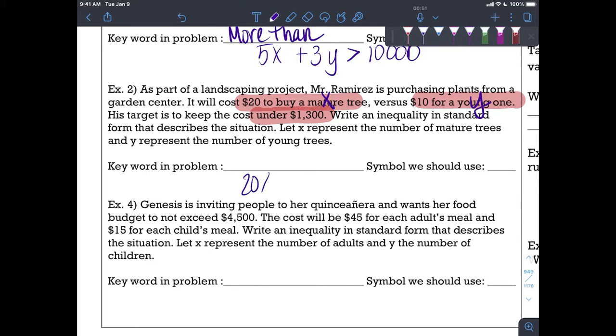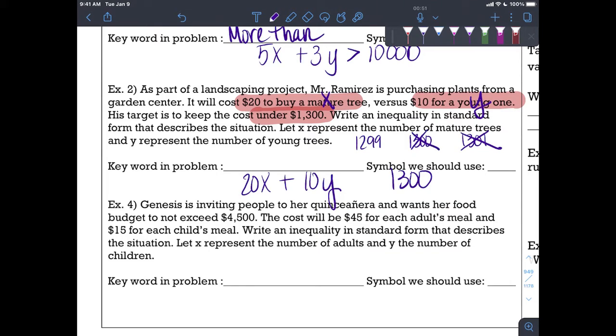So I know for sure that the first part is going to be this, and it's going to have some kind of relationship to 1,300. I'm just going to write out my numbers for illustrative purposes. They want me to keep the cost under 1,300. Is 1301 under 1300? No. Is 1300 under 1300?